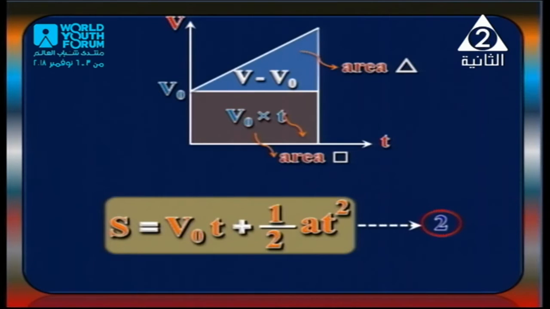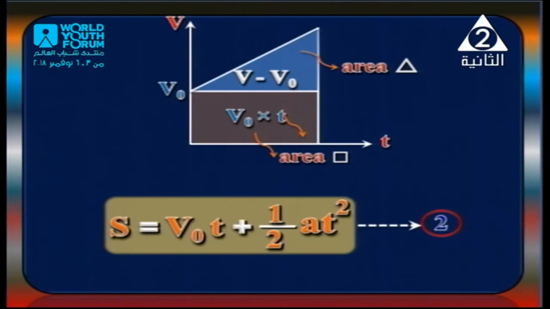A very important rule, it clarifies the relation between S, V naught and acceleration with time T. If the required is the displacement S or distance and the given are V naught, time and acceleration, we use this rule.